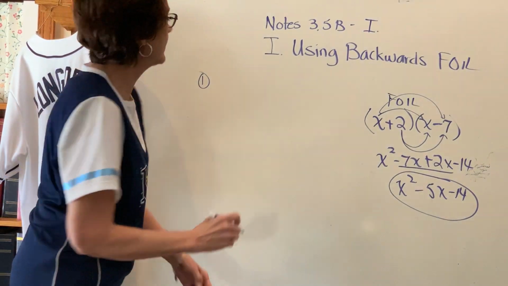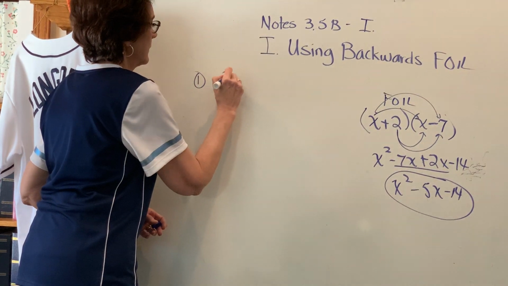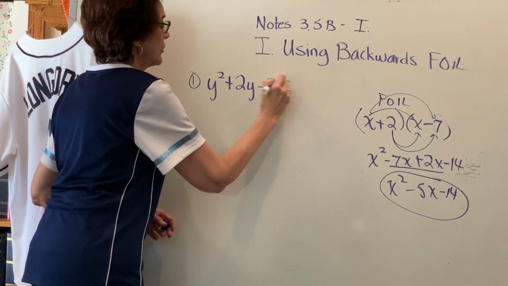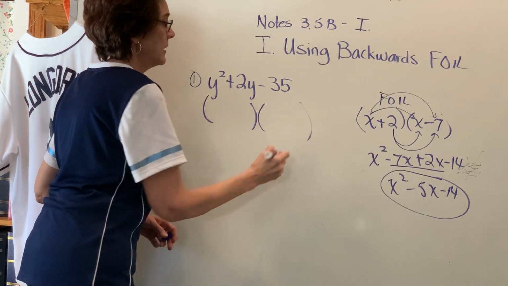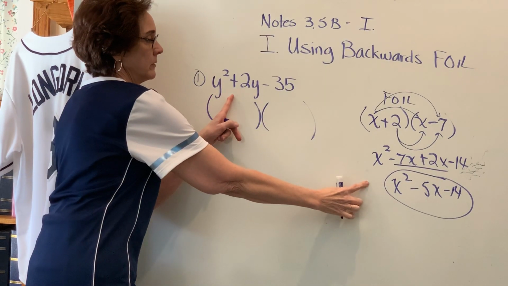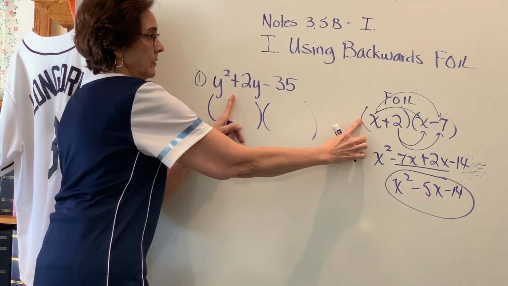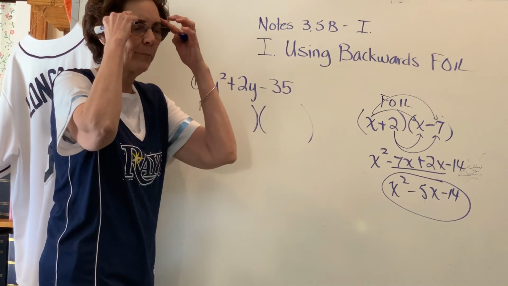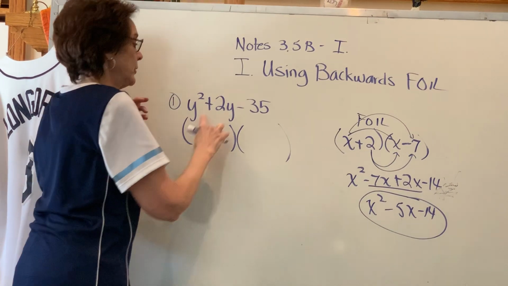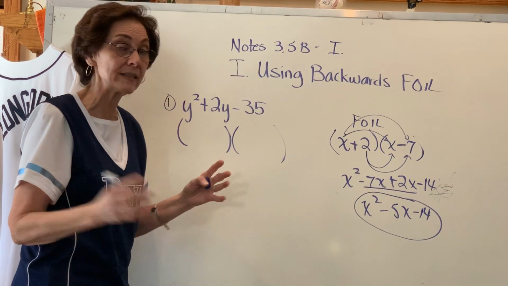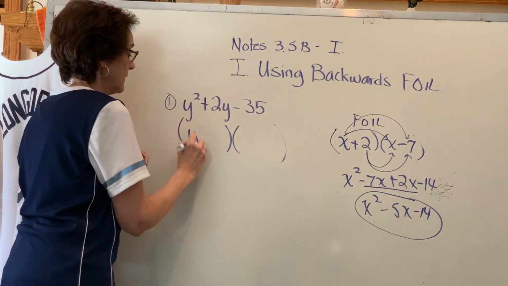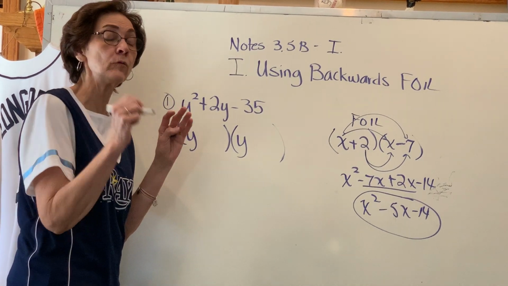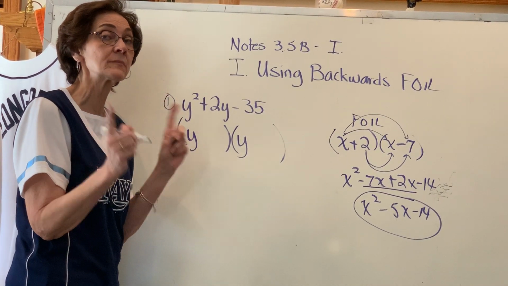All right, y squared plus 2y minus 35. So we're starting here and going back to here. So instead of multiplying first times first, we have to think backwards. What first term times what first term is y to the second? Y times y is y squared. And then you actually skip over outers and inners and think about last times last.